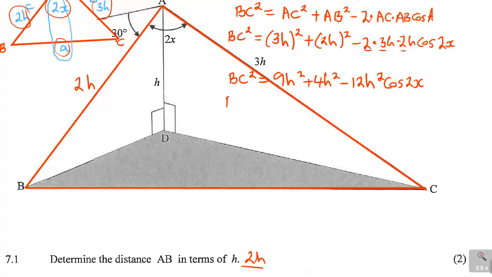So when I write it, BC squared is equal to 9h squared plus 4h squared, which is equal to 13h squared, and then minus 12h squared bracket. Remember, it's 2 cos squared x minus 1.